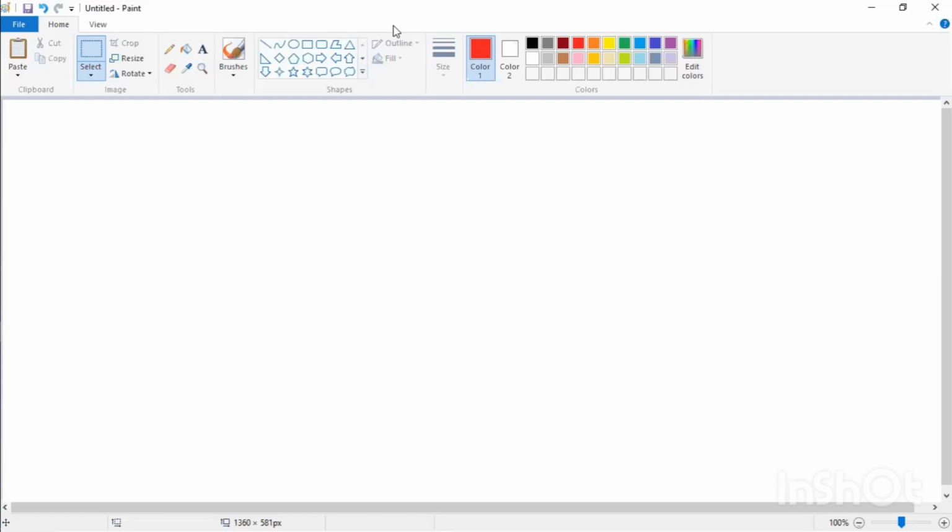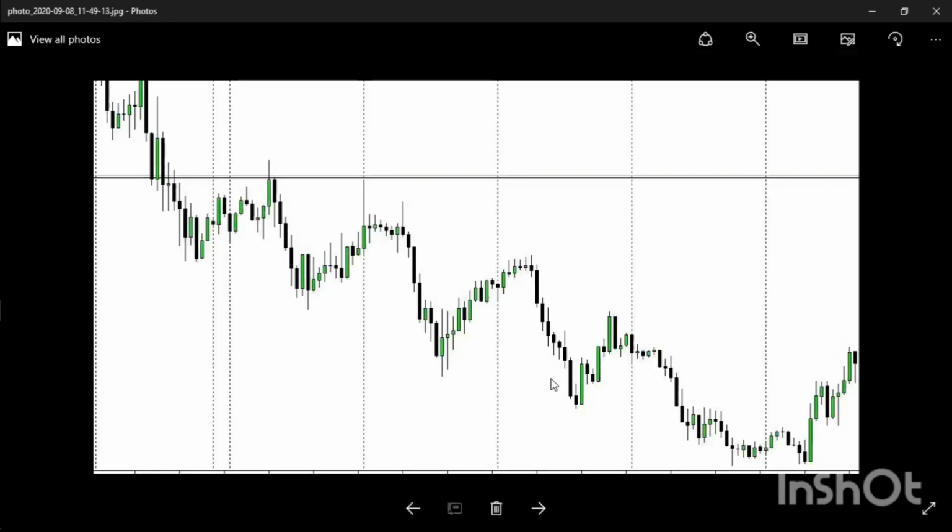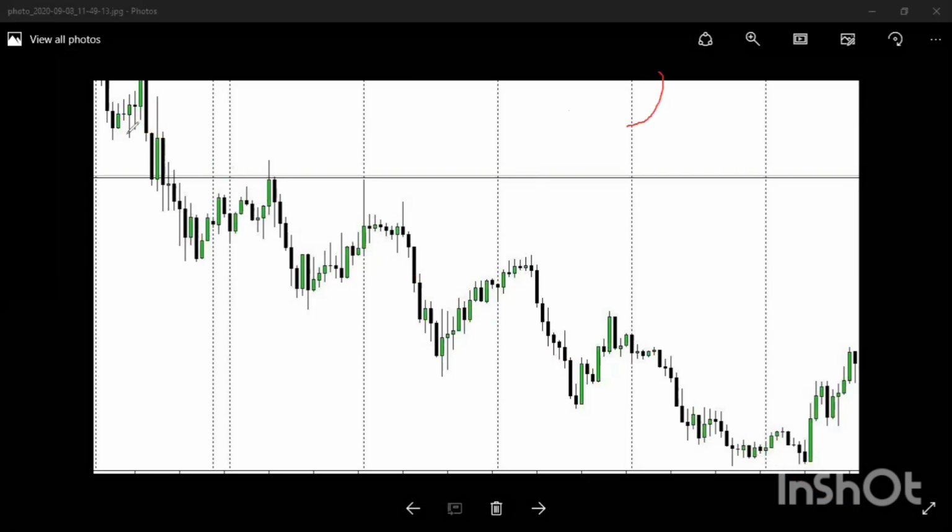The other question was about premium and discount, right? In a downtrend. Let me go to the picture here. I have a clear picture here, and I think it will be easy to explain. We have a downtrend here, as you can see.